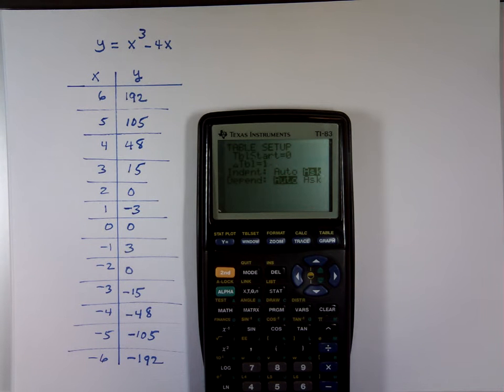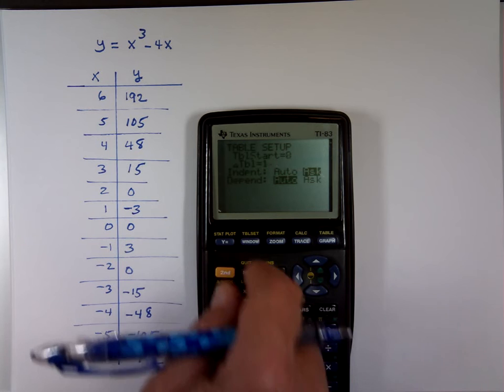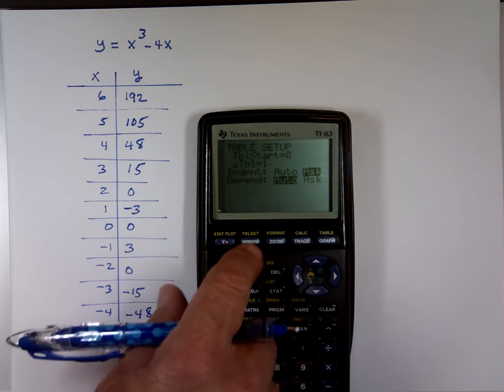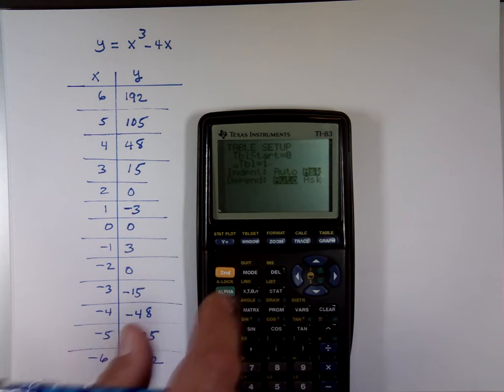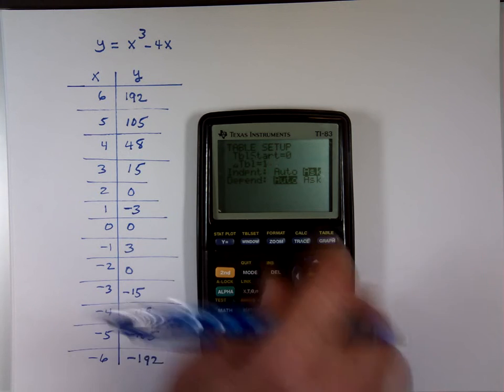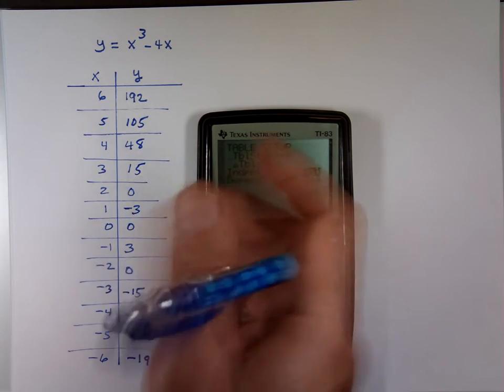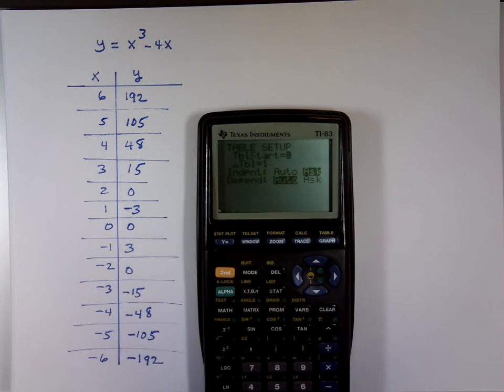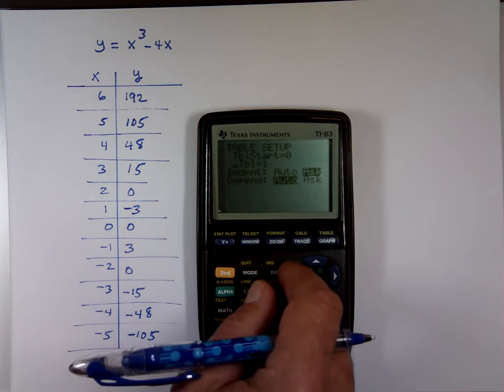So you go second table set, and you get to this menu and make sure that the independent variable, that's X, is in ask mode, and leave the other one in auto mode, which means compute that for me. This way you can put any decimal number you want to. If I put it in auto mode, you can only use whole numbers.